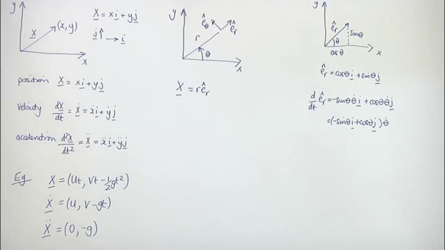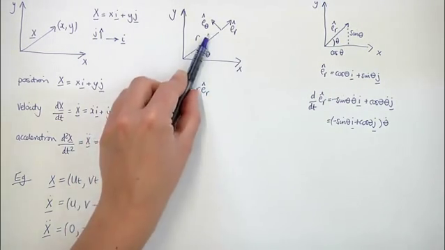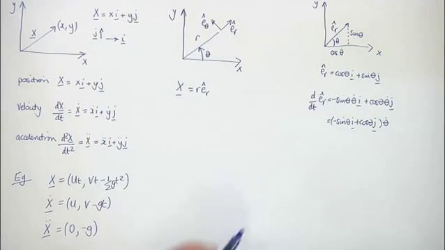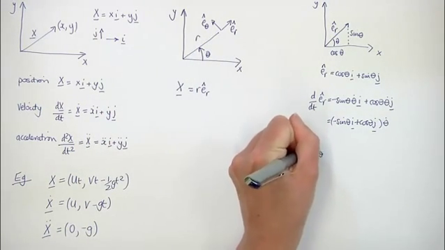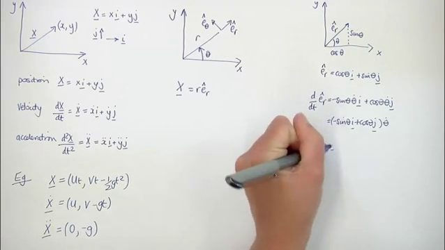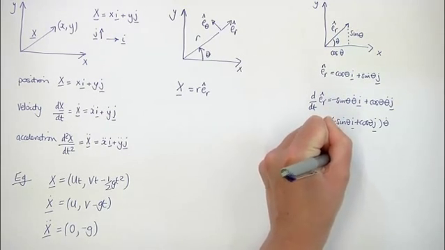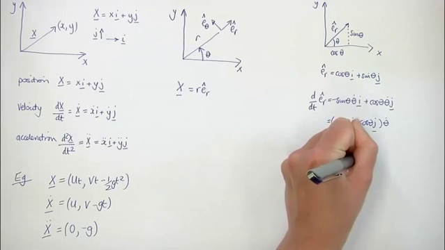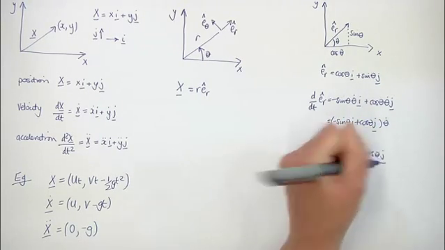If we draw the other base vector, e theta hat, we can show that it's equal to minus sine theta i plus cos theta j.